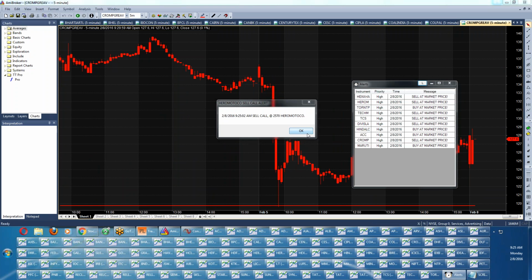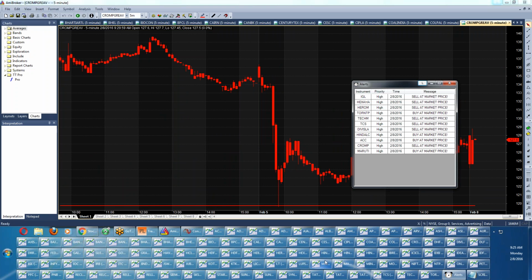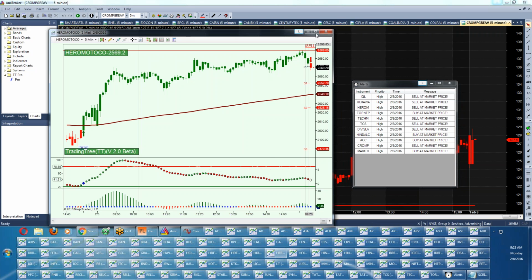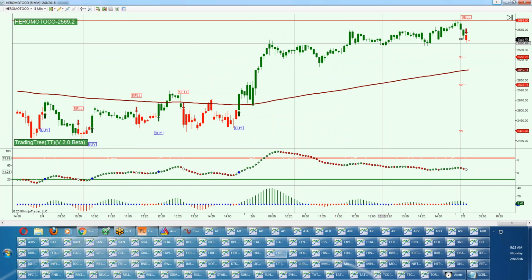Now we have a Hero Moto sell, Hexaware sell, IGL. The selling price would be 2566.